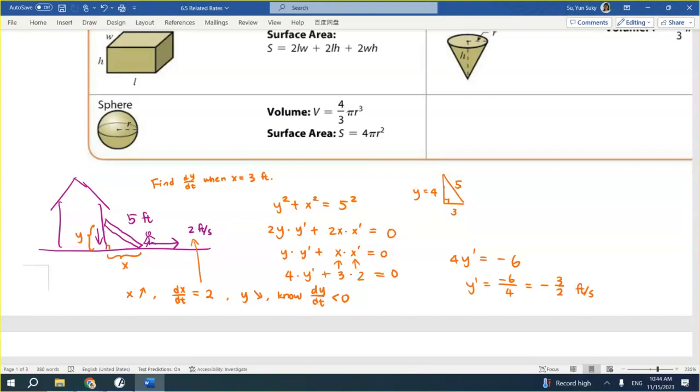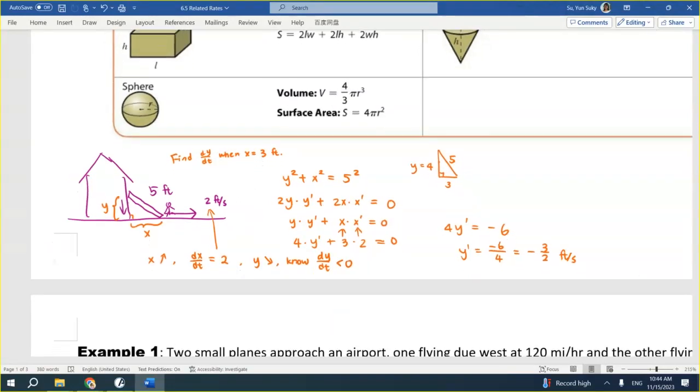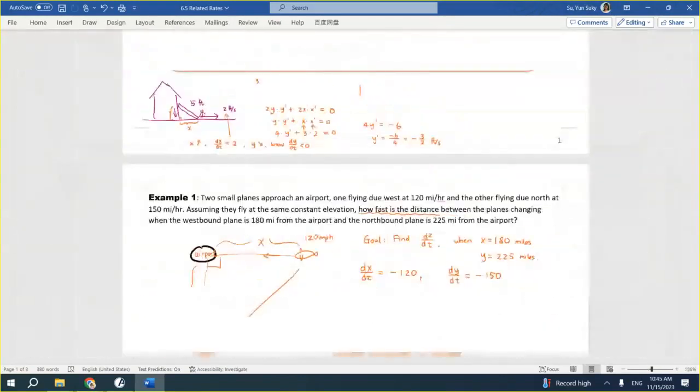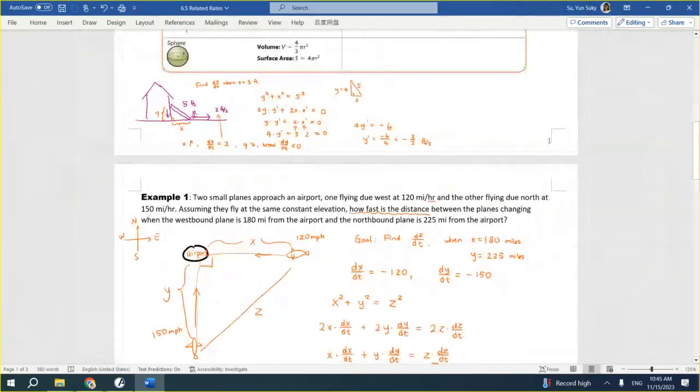So this is the rate of change of the y. I just want to show you this example. When you set the variable, ask, is it changing? If it's changing, set the variable. If it's not changing, put that number there. The 5 is constant. Put that number there.